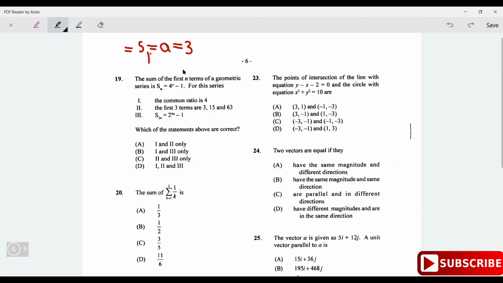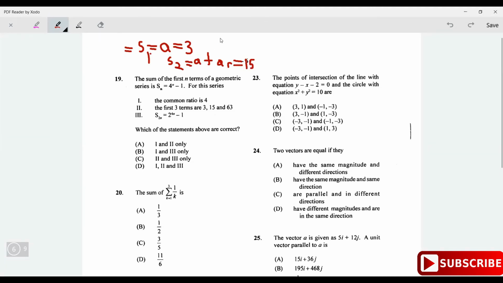And when you put n as 2, S2 is equal to A plus AR. That is S2, the sum of the first two terms. But then now, when you plug in n as 2, we get 4 squared, and 4 squared is 16. 16 minus 1 is 15. But A is 3.